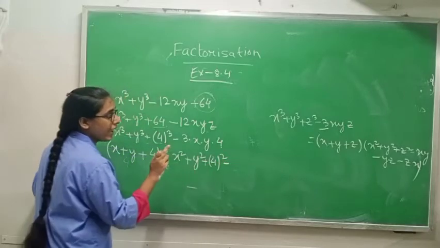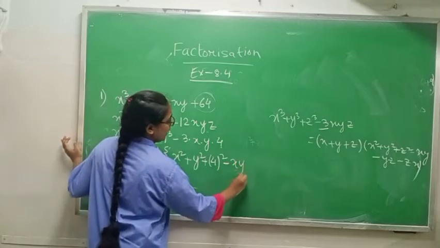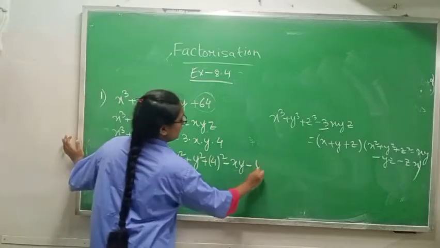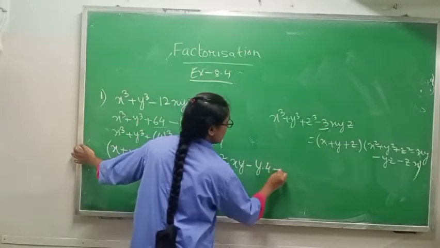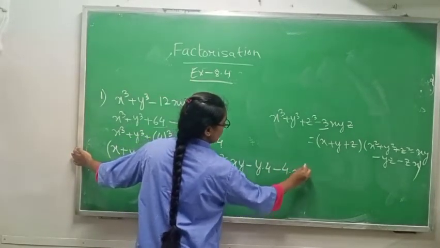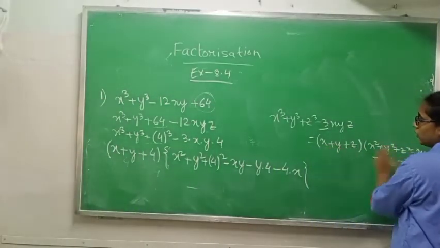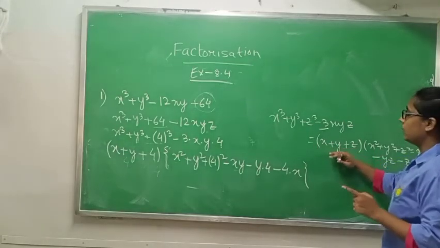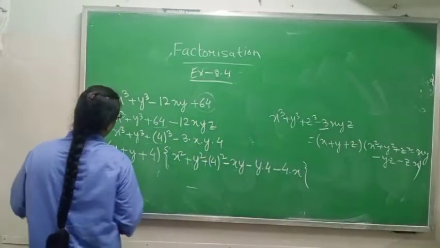Minus xy, then minus yz, meaning y into 4, then minus zx, meaning 4 into x. I am writing according to this formula, x plus y plus z, but x is x already, y is y already, and in place of z we have 4. This is the difference between this question and that formula.